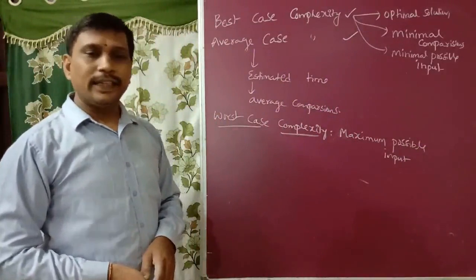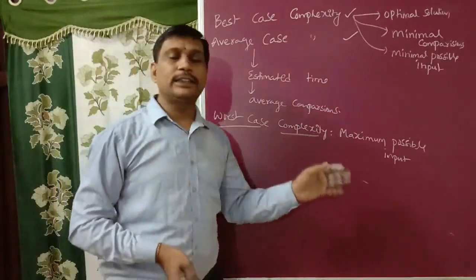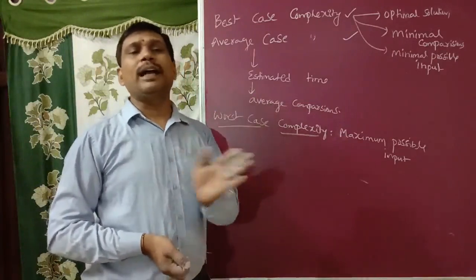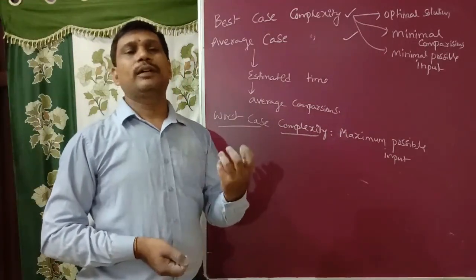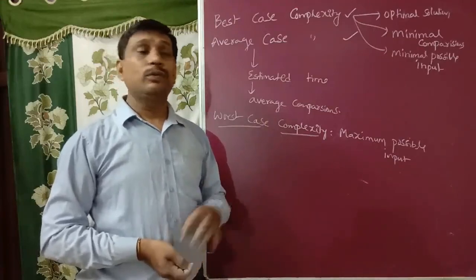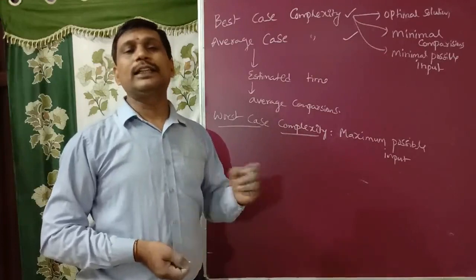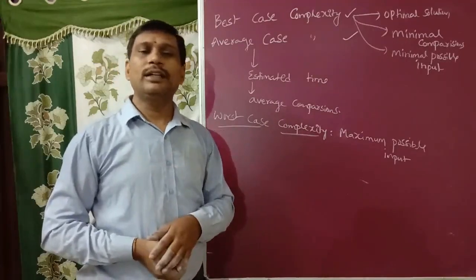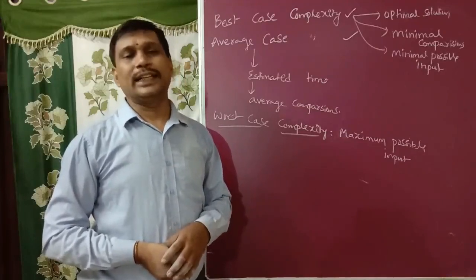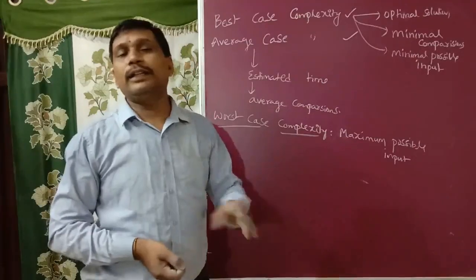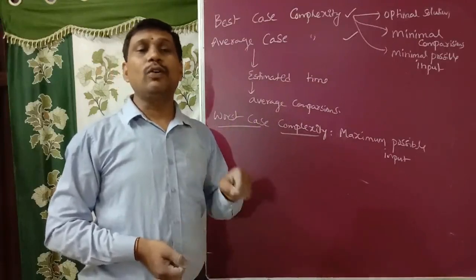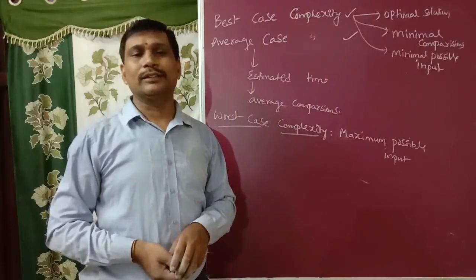Why? Because in our element searching program, we compare all the elements up to the last one and our key search element is not found. So we finally decide the key search element is not found in our linear search process. That is called the worst case. Or otherwise, we find the element in the last comparison, that is, in the last position.